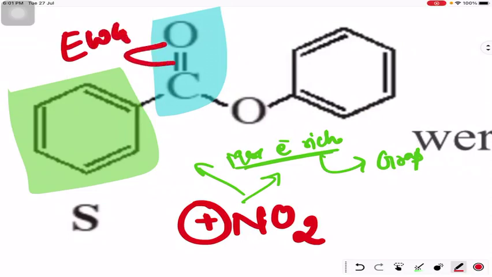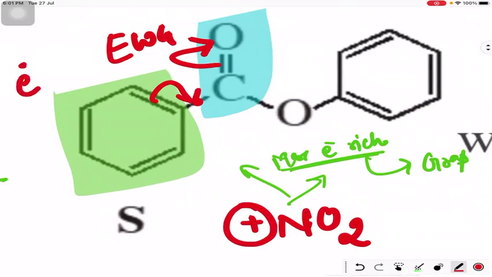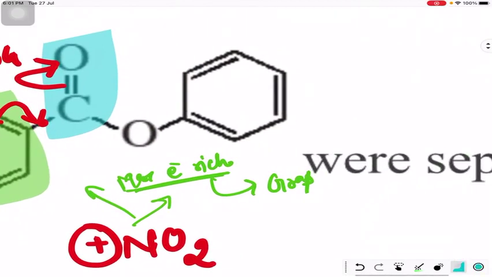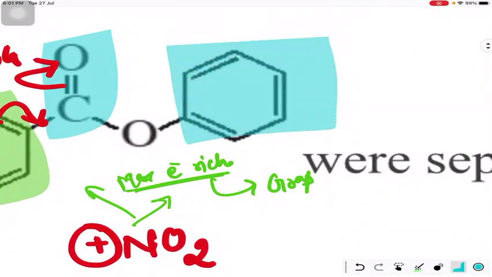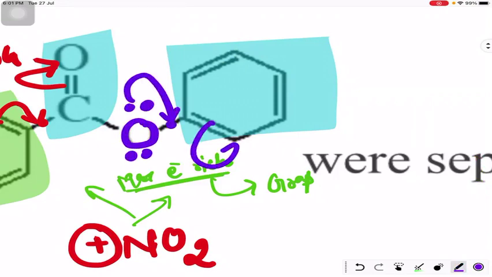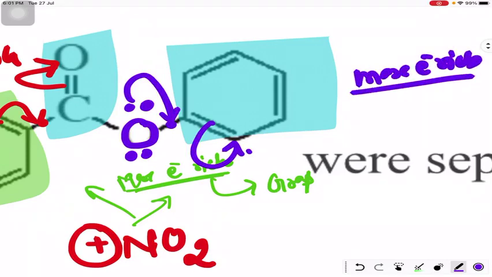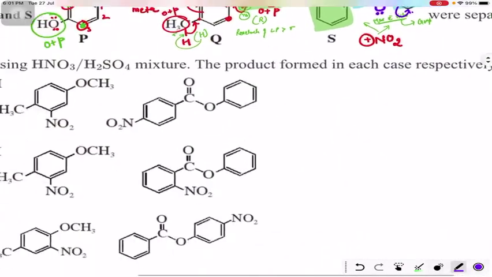It withdraws electron density through resonance, so this ring will become comparatively electron deficient. But on the right hand side ring, the atom attached to it is oxygen with lone pair of electrons, so it will donate its electron density toward the ring and make it more electron rich. So it is obvious that the group will attach on the right hand side ring only.